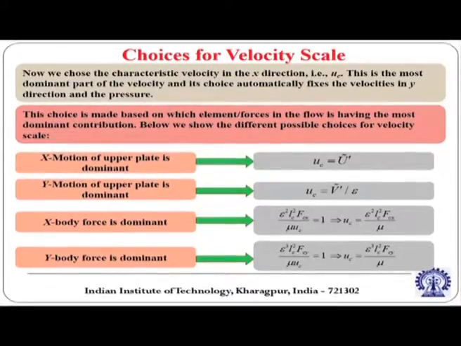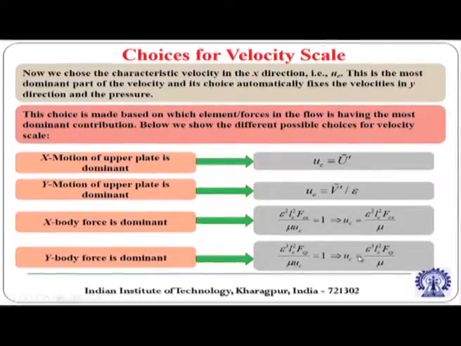If the x body force is dominant, then we equate the coefficient of the x body force to 1, right. This is of the order of 1. So, that gives a choice of Uc. Similarly, if the y body force is dominant, then we equate the coefficient of the dimensionless y body force to 1, and that will give you a choice for Uc.